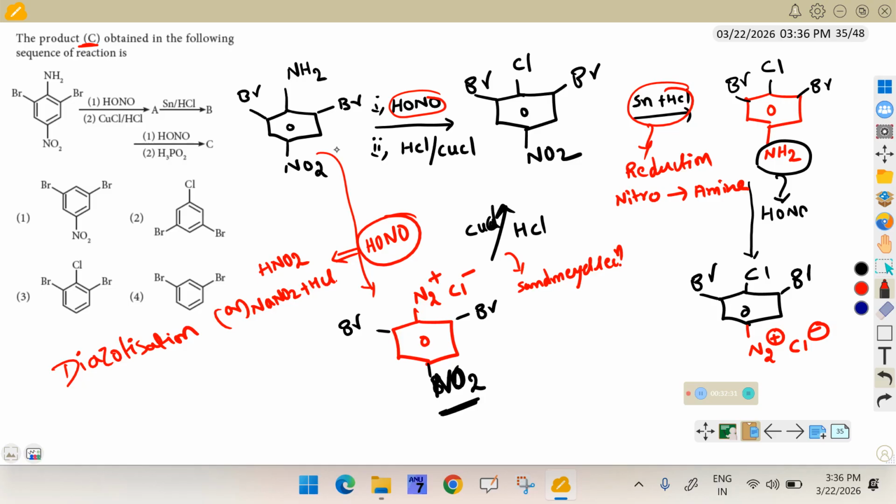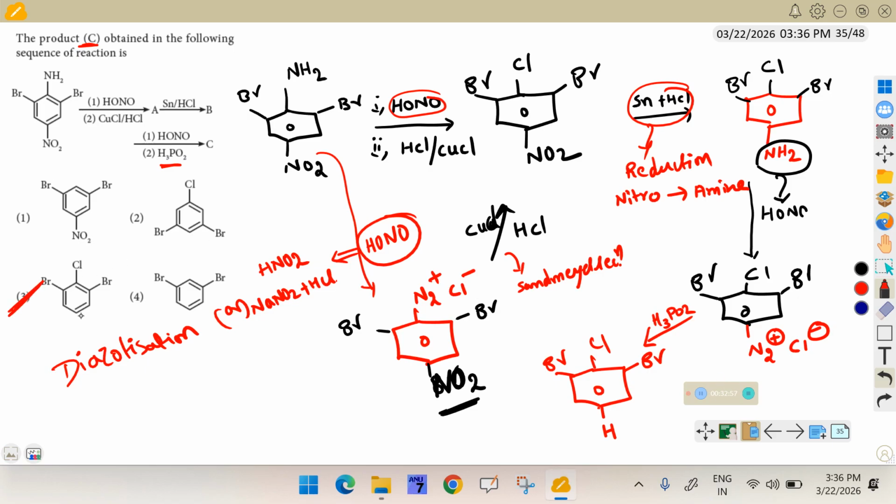And one more thing, what is given? H3PO2 reacts with the acid, then the N2Cl group is removed. In the place of N2Cl, hydrogen is substituted. Br, Cl, Br. The third option is the correct option.